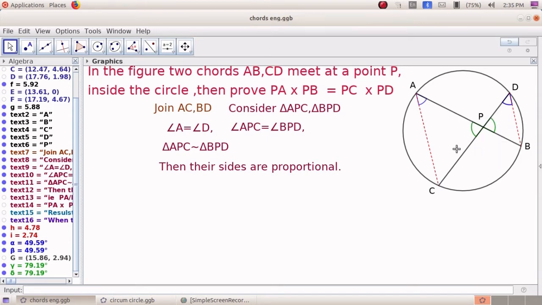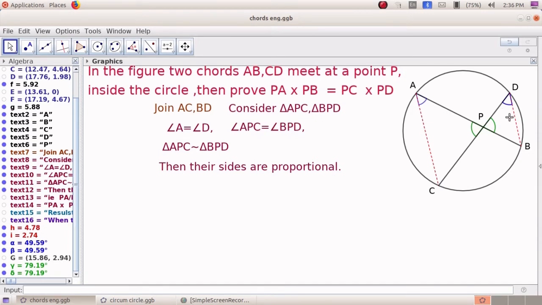Okay, when we take AP, it is the side against the unmarked angle there. Like that, the side against the unmarked angle here is PD. Therefore, when we consider AP, the corresponding side is PD in the other triangle. When we consider PC, it is the side against this marked angle.